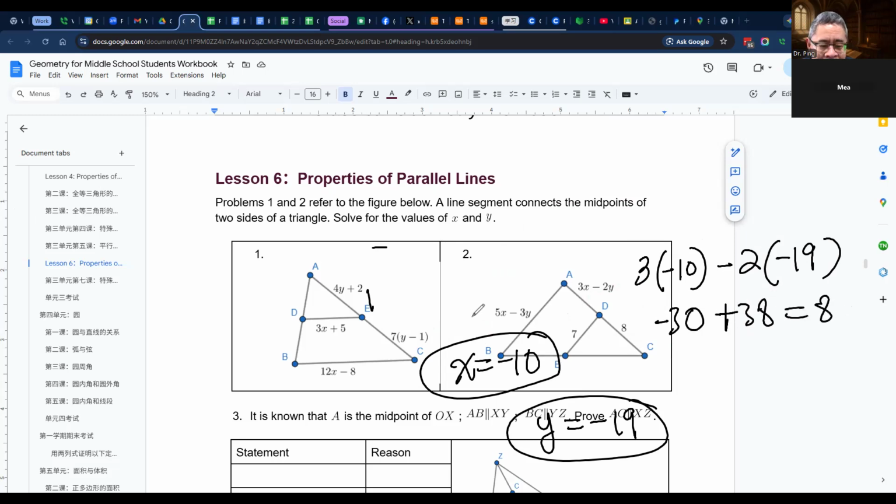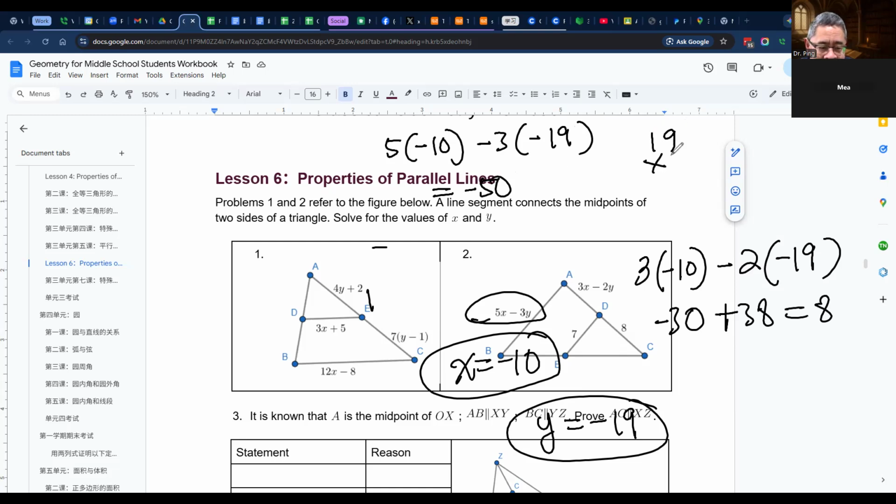So that's good. Now we look at this one. This one should be 7. So 5 times negative 10 minus 3 times negative 19. Then we got negative 50 on the top, plus 19 times 3, 3 times 9 is 27, so 57. Something is not right.